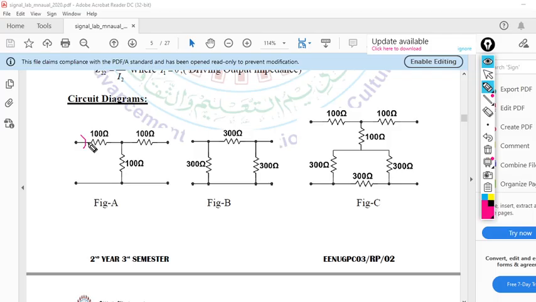I will show you the multimeter as well as the port. Another thing is that you will get two ports, one red, one black. So keep this red here and the black wire here.